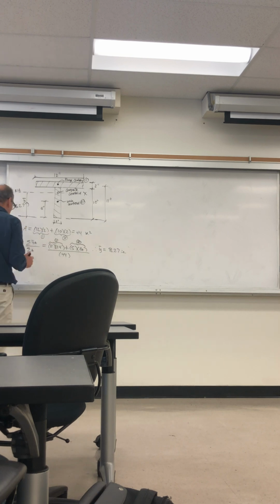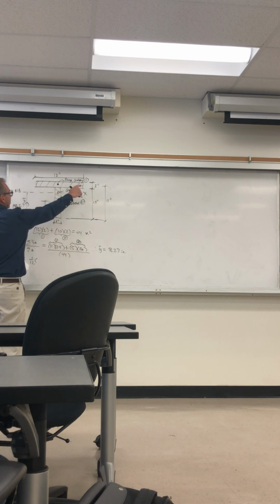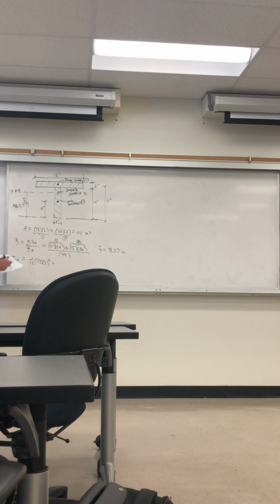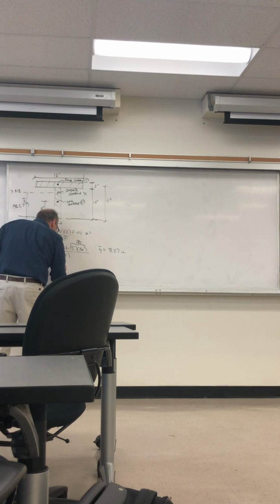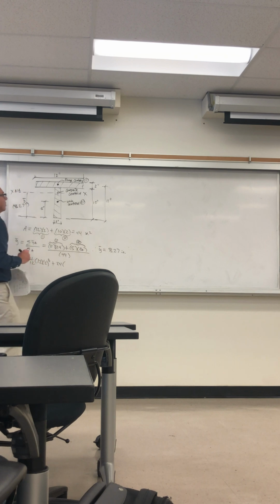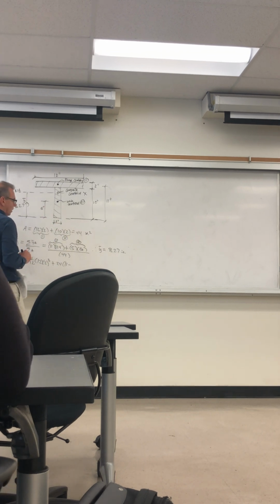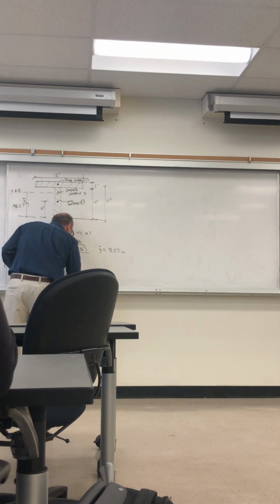So we have 1/12 base, that's 12 inches, times height, which is 2 to the third, plus the area, 12 times 2, that's 24, and then the distance, 11 minus 8.27, squared.